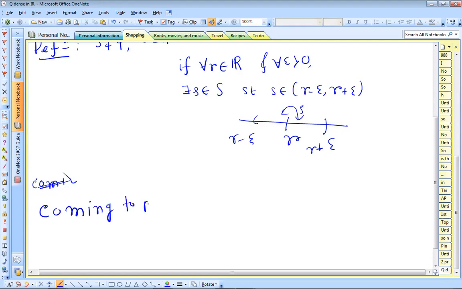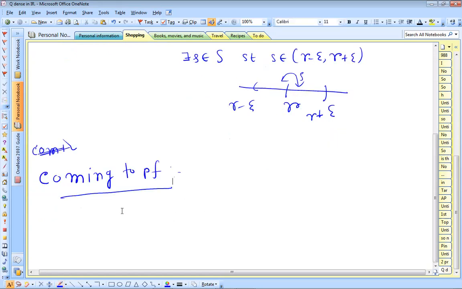According to the definition, what we need to do is choose a real number R and choose an epsilon greater than 0. Then we need to consider the interval R minus epsilon, R plus epsilon.